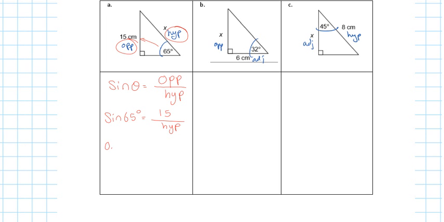So what's sine 65? 0.9063. Okay, now what do you want to do next? Yes. Multiply 0.9063 by 15. Get the hypotenuse.